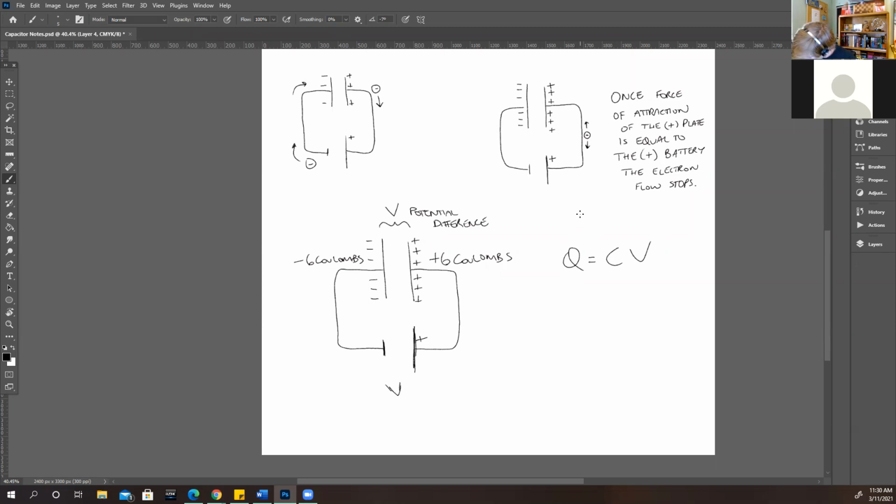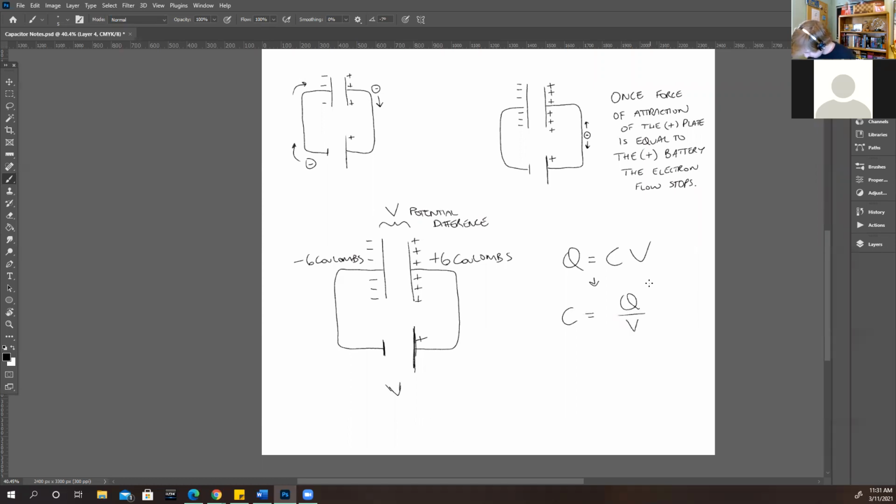Actually, before I put definitions on this, let me say for the lab, we're specifically interested in rearranging this equation. So let me write this with C equals. C is the capacitance of the capacitor. C equals Q over V.